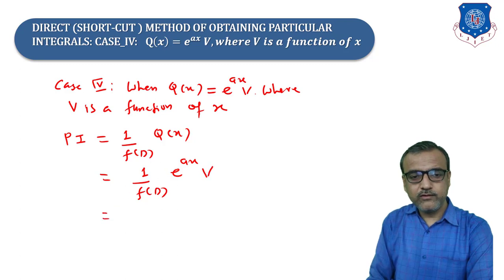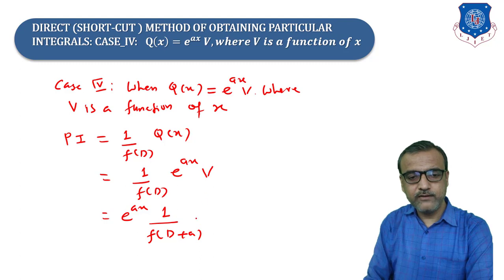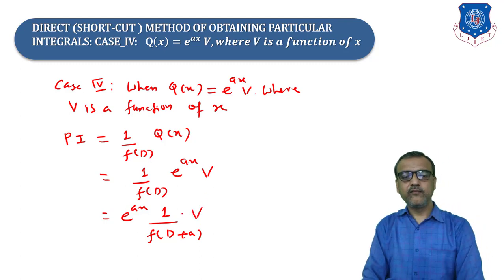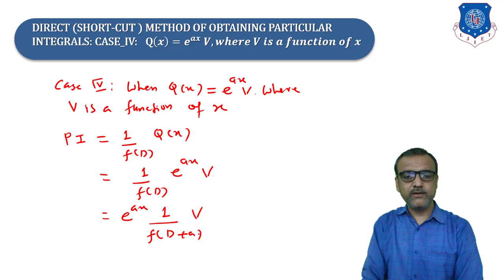So we will keep e raised to ax outside 1 by f of D, and then we will replace D by D plus a. So we have f of D plus a, and we will keep this v as it is. Now we will apply the 1 over f of D plus a operator on this function of x. How? I will make you understand this concept with the help of examples.